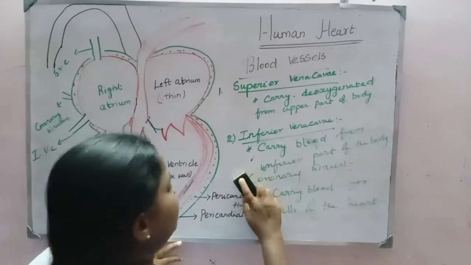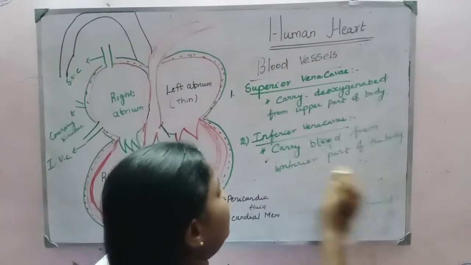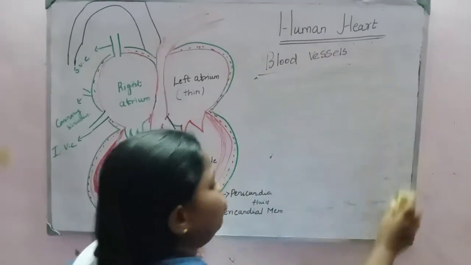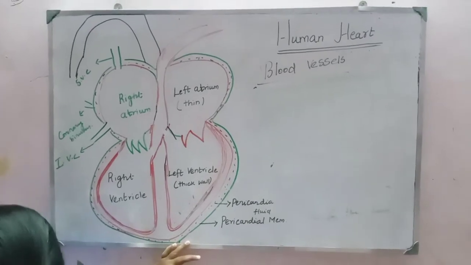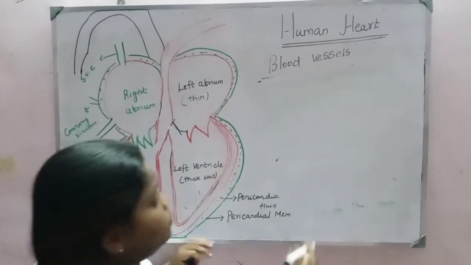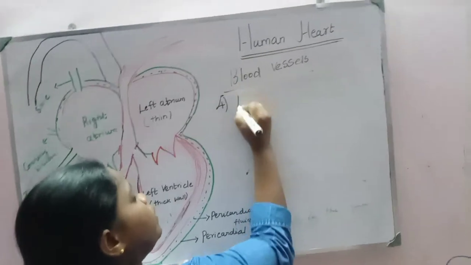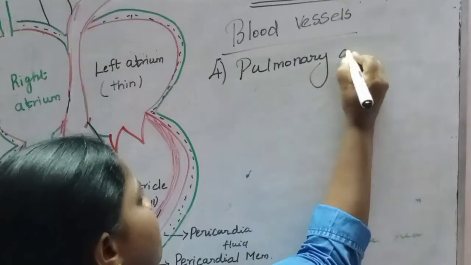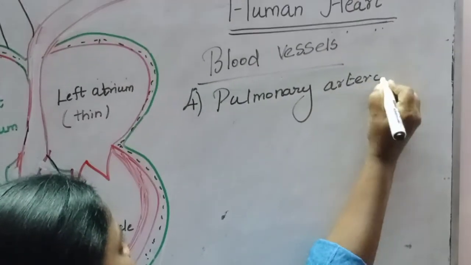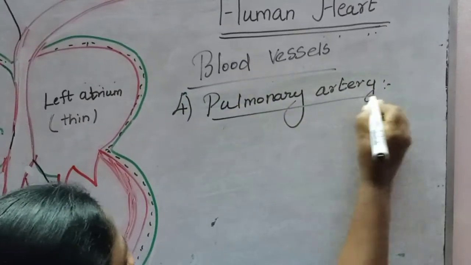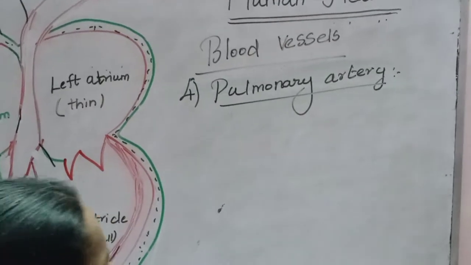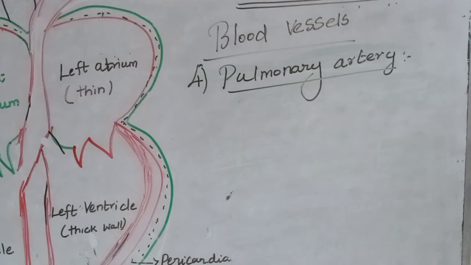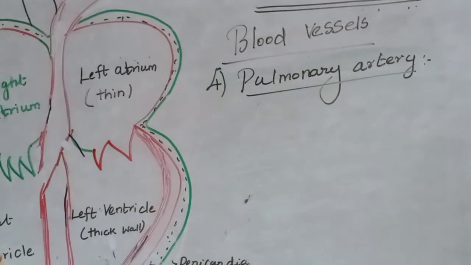Okay. The next one is called the pulmonary artery. The fourth blood vessel is the pulmonary artery. See, when we were discussing the difference between arteries and veins, we learnt all the arteries carry oxygenated blood except the pulmonary artery, right?